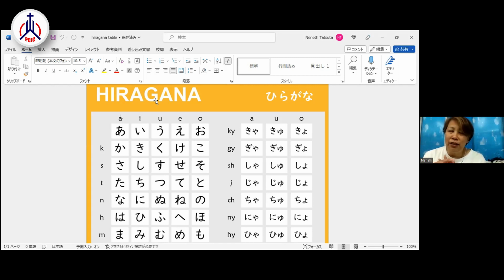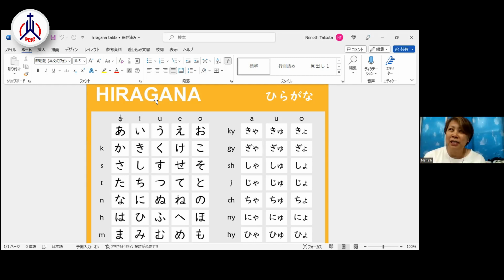If you notice, the kanji are similar to the Chinese characters, the Chinese writing. And why is there a katakana? The katakana are for names or words that are not from Japan. It means foreign words.